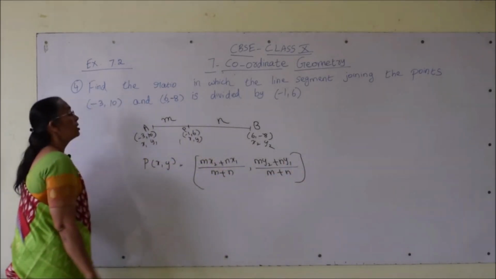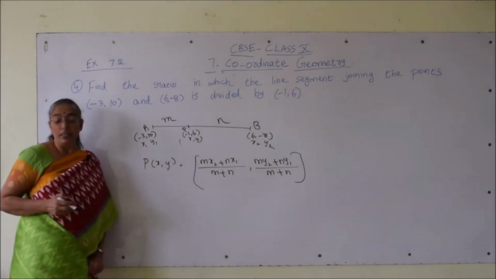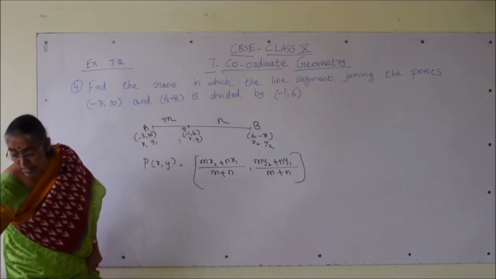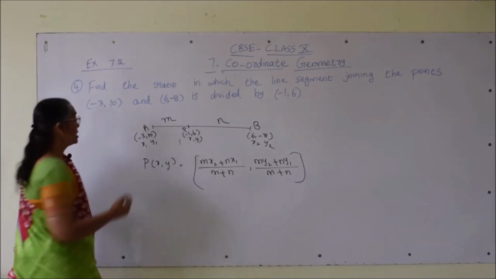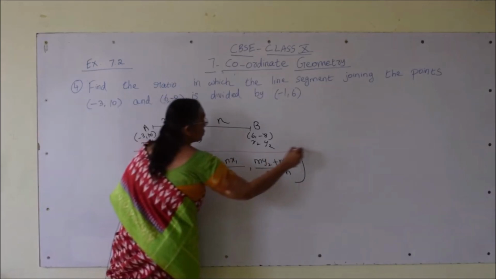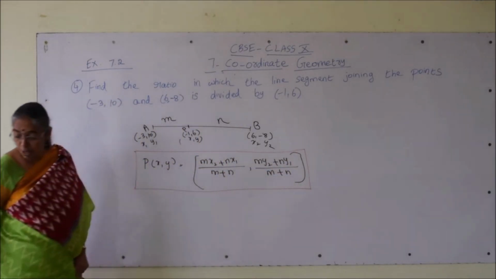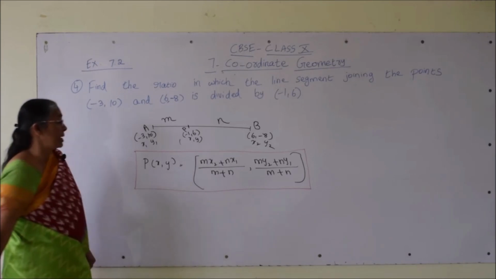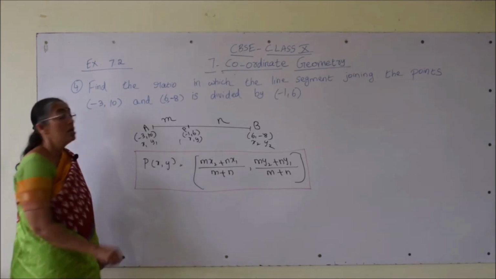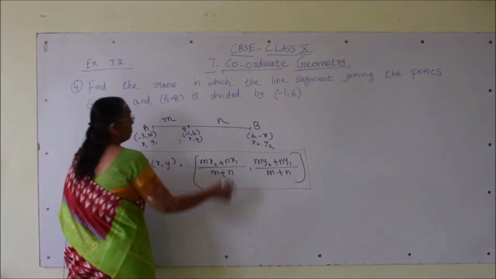So, this is our formula. The point P divides the line segment joining the points x1 y1 and x2 y2 in the ratio m is to n, and is given by the formula (mx2 plus nx1) by (m plus n) comma (my2 plus ny1) by (m plus n).